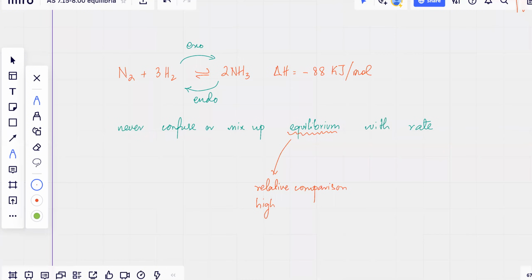The backward, the endothermic reaction, right? That's the Le Chatelier principle. At a higher temperature, the endothermic reaction, which is the backward reaction, is going to be favored.